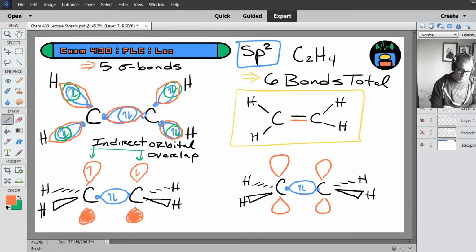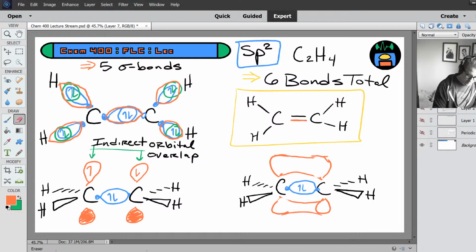And what that is, the two lobes on top start blurring together and the two lobes on the bottom start blurring together. They start blurring together to make a new type of orbital and a new type of bond.